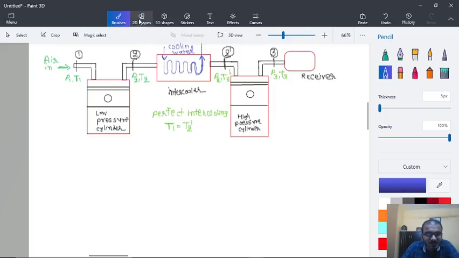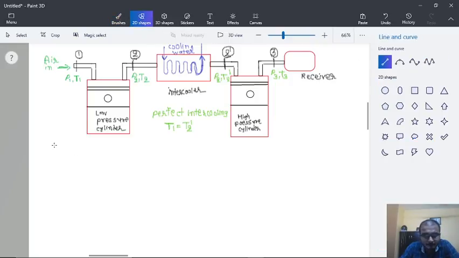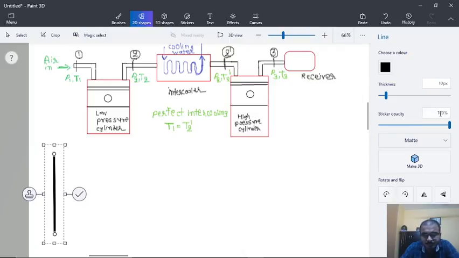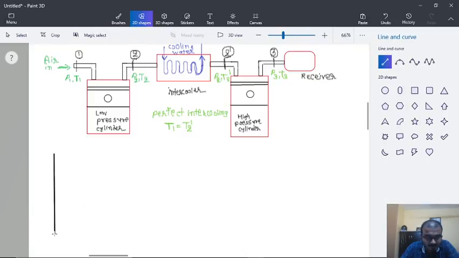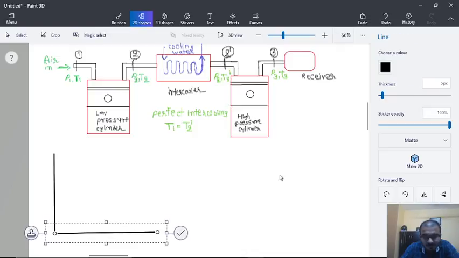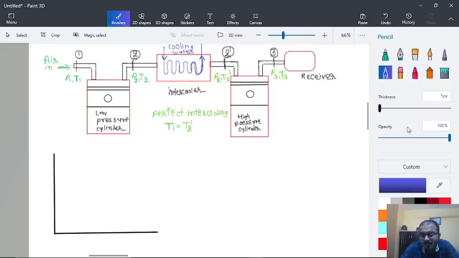We will be drawing the diagrams at the bottom. Here we have volume and pressure.